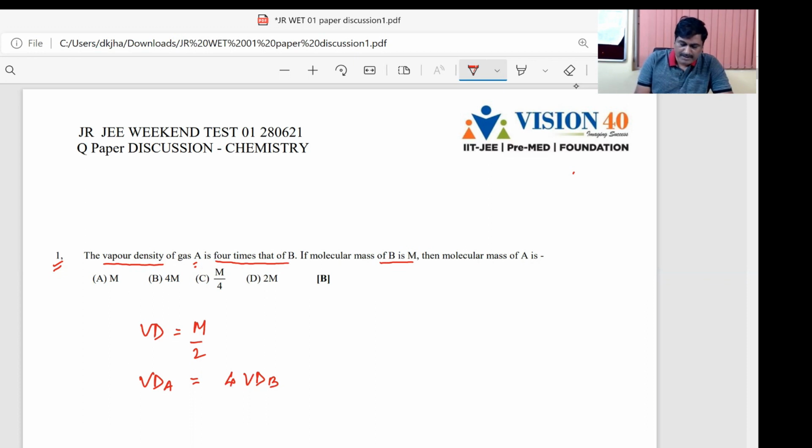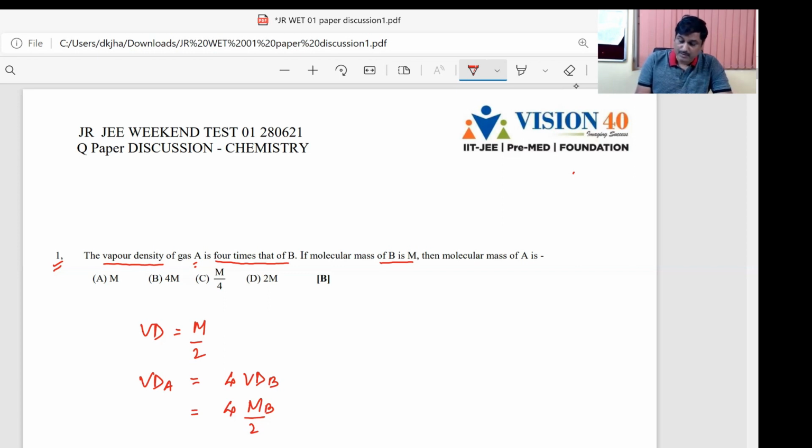We can find the relation here. Vd can be written as molecular mass by 2. Because the molecular mass of B is M, Vd of B is equal to molecular mass of B by 2.